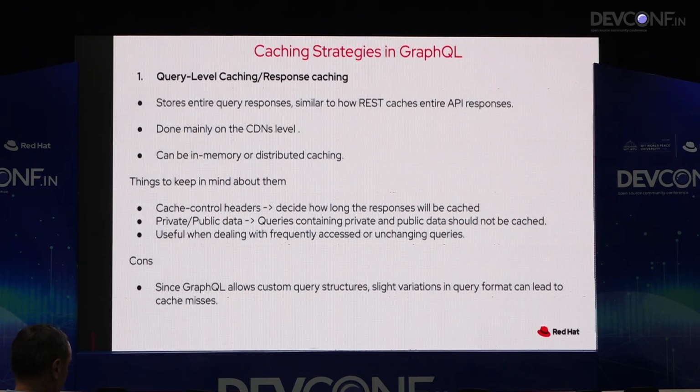And one more important thing is that if you are using response caching, then you need to be aware of which fields are private or public, because you cannot cache the private fields in the CDNs. It might be possible that you are doing some kind of authentication and then giving the response back to the user, but it might contain some private data as well. So you surely don't want to cache that private data. So you need to have some kind of directives for this.